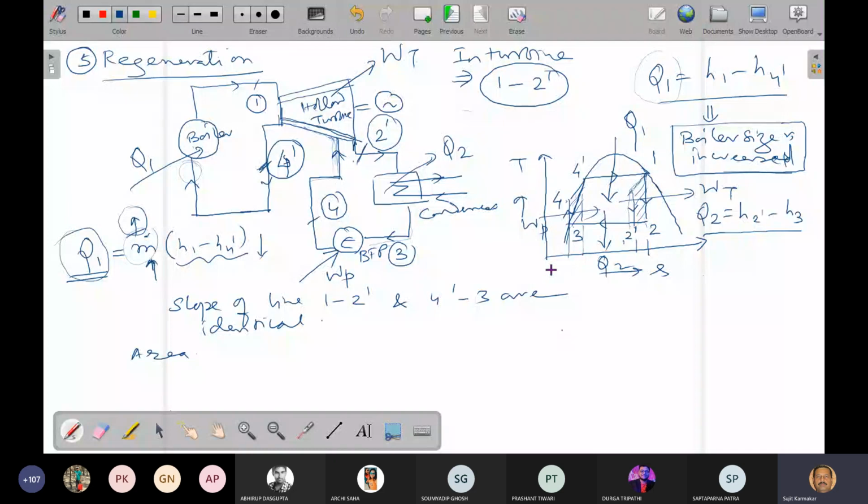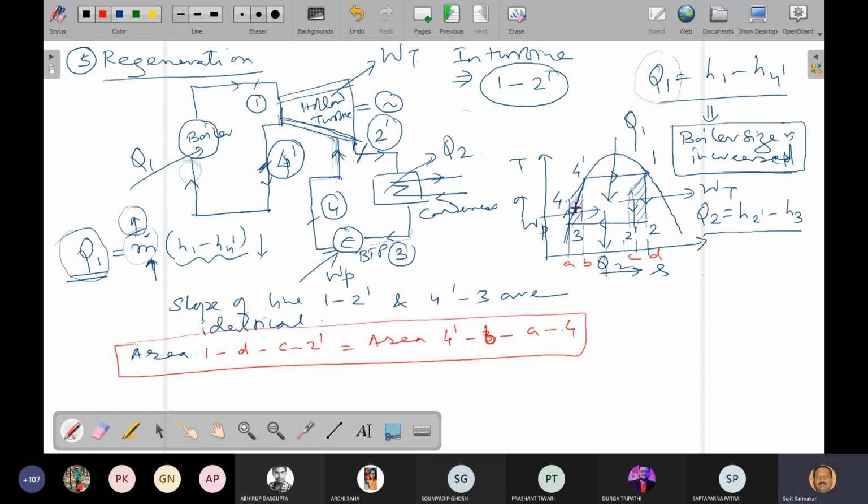This is A, B, C, and D. So we can write it down: area 1 D C 2 dash is equal to area 4 dash B A 4. All right, so please note it down. So both these areas are the same.